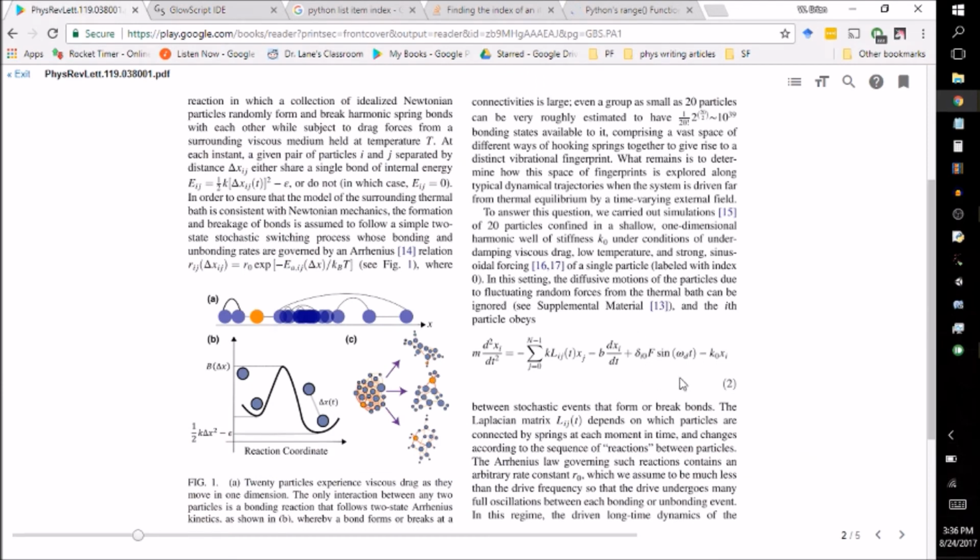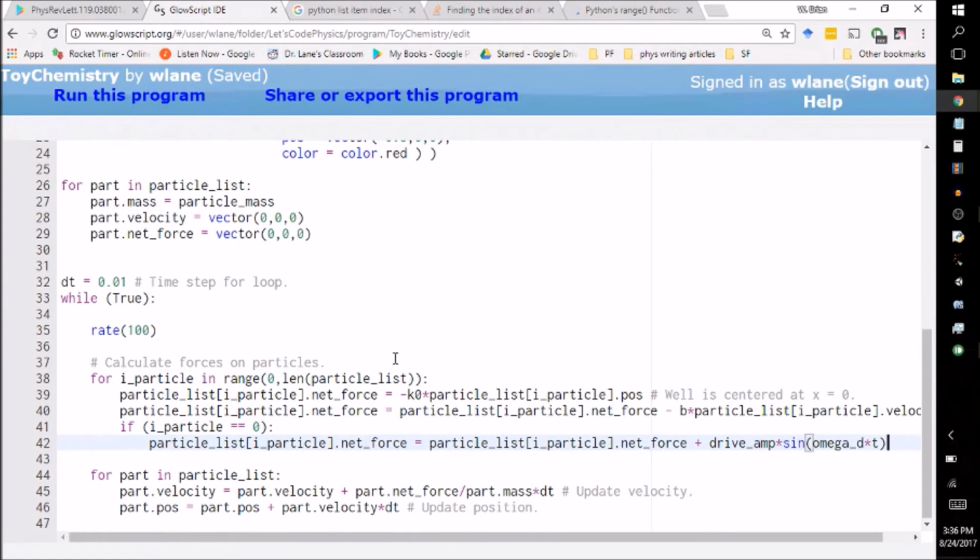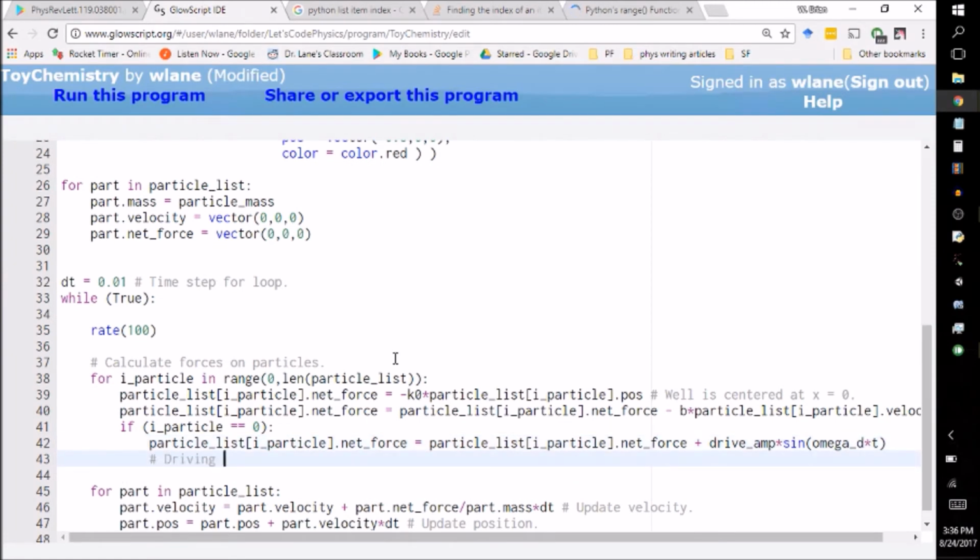So I need an amplitude and then sine of omega d t. So I need drive amplitude times sine of omega d times t. Now I'll need to do a few things to be able to use that. So this is the driving force on particle 0.